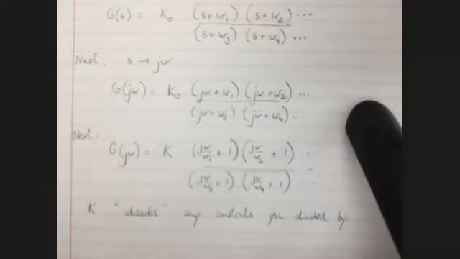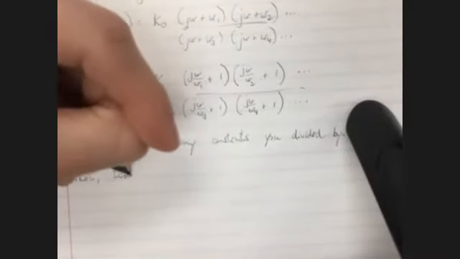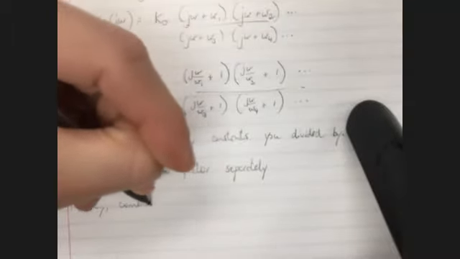So what we're going to do next is take each factor separately, and I'll show you in a sec what each factor does. And then finally, combine the effect of each factor into one plot.